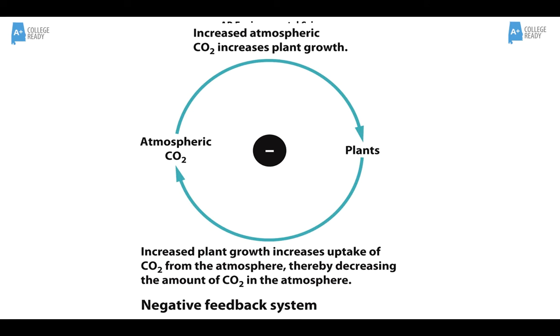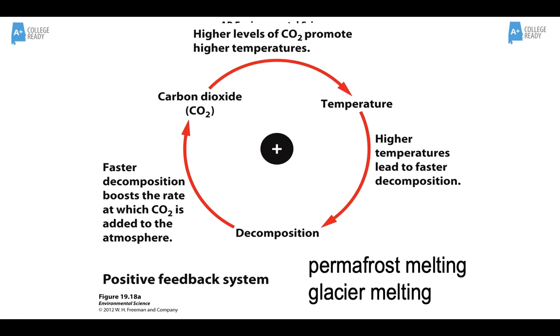However, many scientists have pointed out that there is a limit to how much CO2 plants can absorb. Once you get up to a certain concentration, it's maxed out. And this is the positive feedback system that I was referring to, the permafrost and glaciers and snowpack melting.